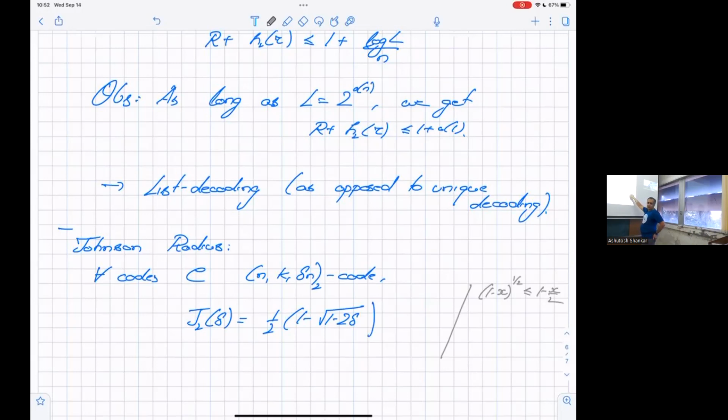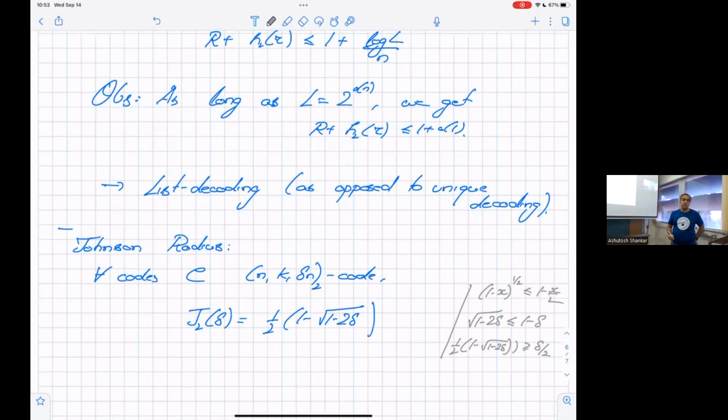There's always a positive quantity here, so this is always true. And that will imply that the square root of 1 minus 2 delta is always less than or equal to 1 minus delta. Therefore, half of 1 minus the square root of 1 minus 2 delta is always greater than or equal to delta.